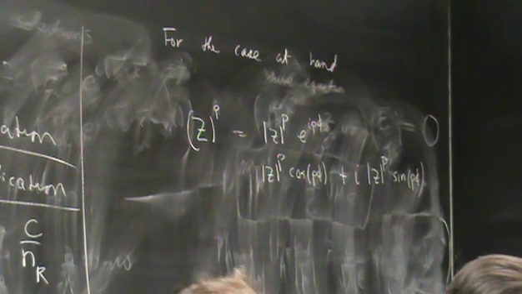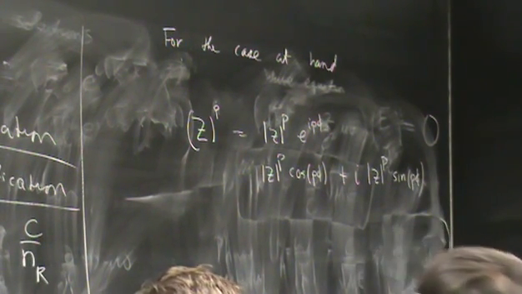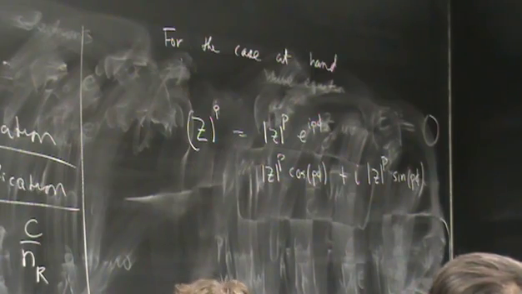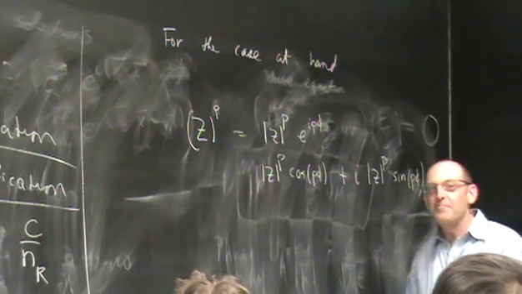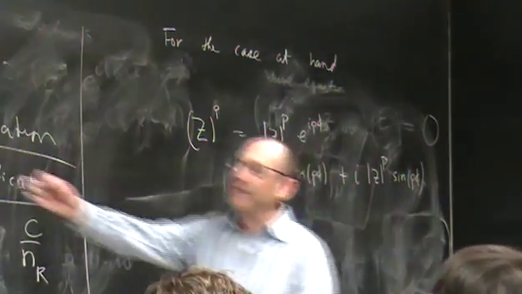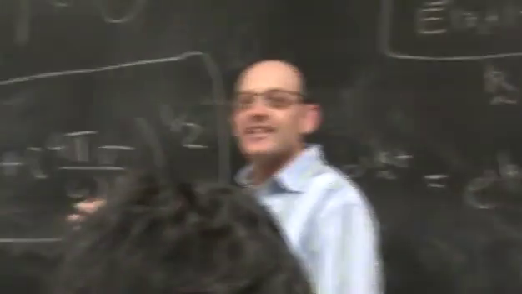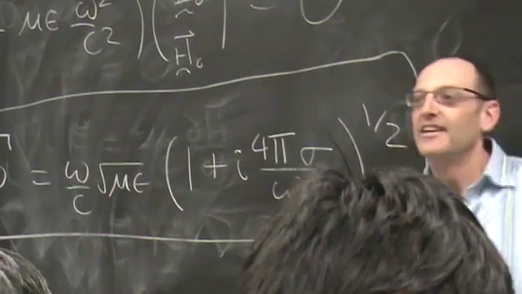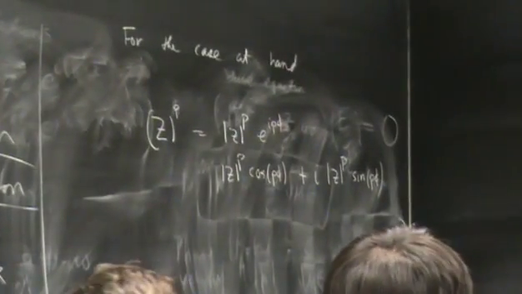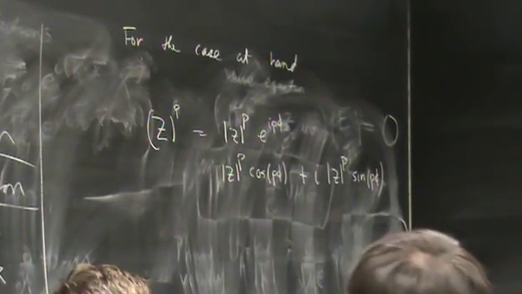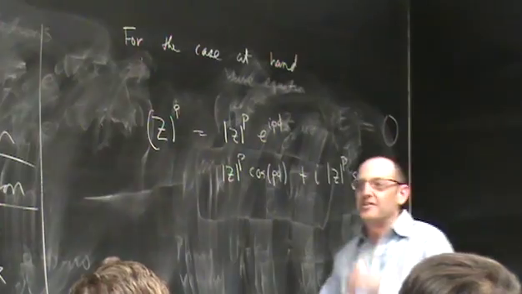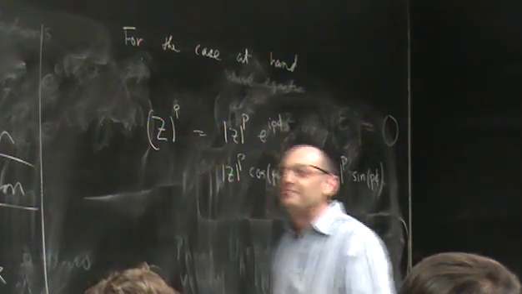That's how you take the power of a complex number. All right? So we could do that here. I'd have to write the amplitude and phase, as we said, multiply by the complex conjugate, get the amplitude, the phase is related to the arctangent, and we would get that. But I like Jacob's suggestion, let's look at this in some limits, because then we'll get a little bit more insight about it, rather than just very messy expressions.